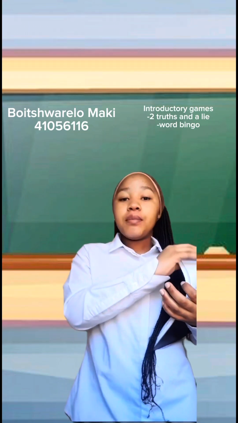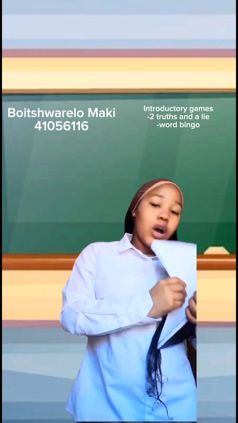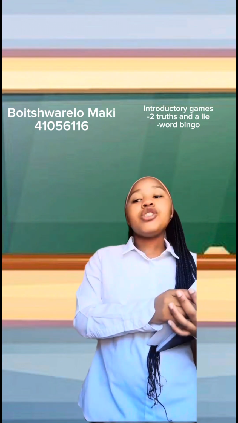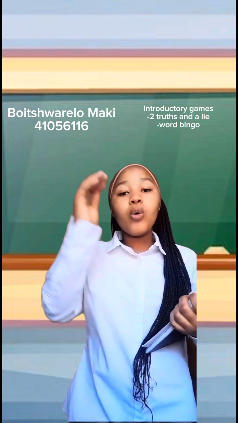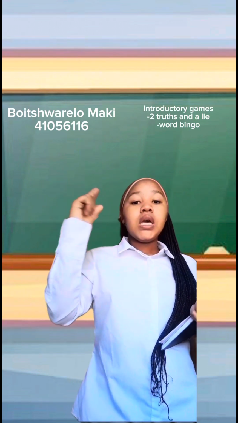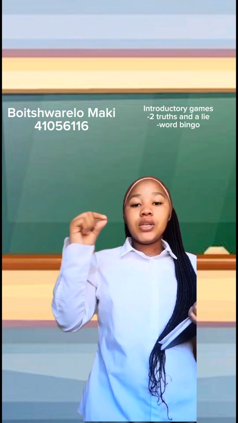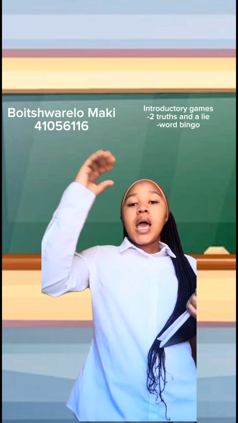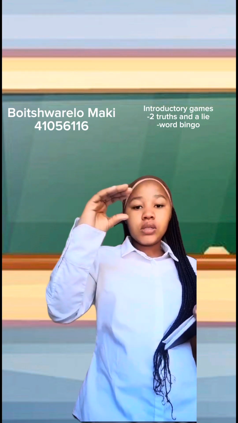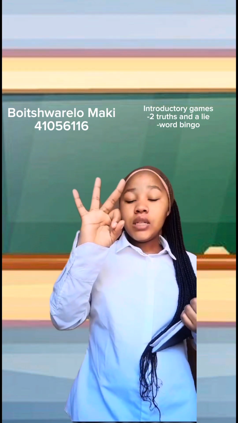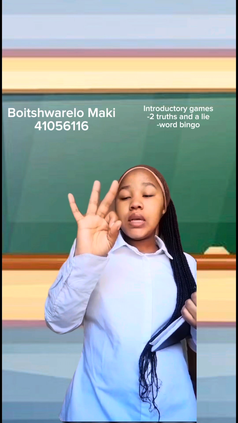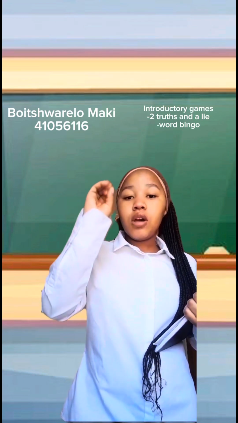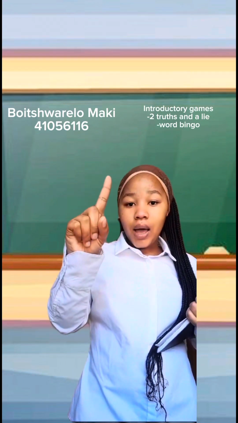For the first game, 2 truths and a lie, I will issue out sheets. Each group, or each team rather, will get a sheet. In that sheet, we have at least 10 boxes, and inside those 10 boxes, there are 3 statements. In those 3 statements, there are 2 truths and 1 lie.